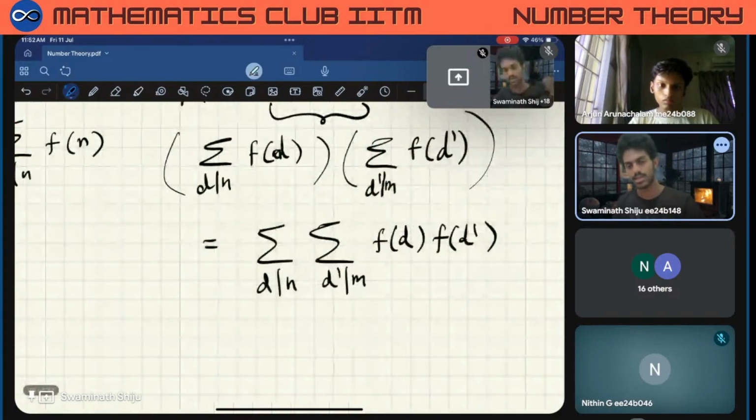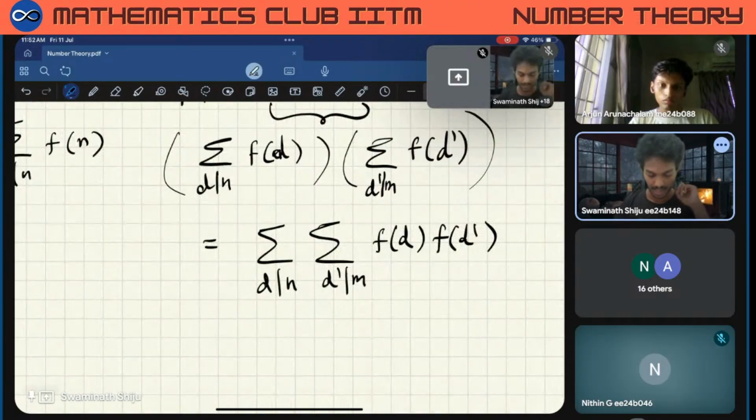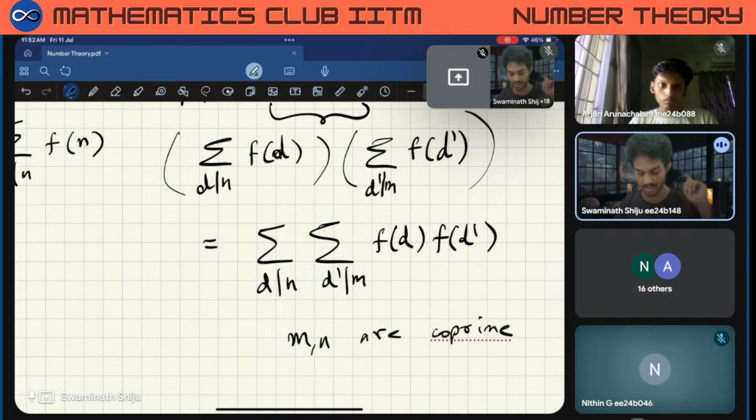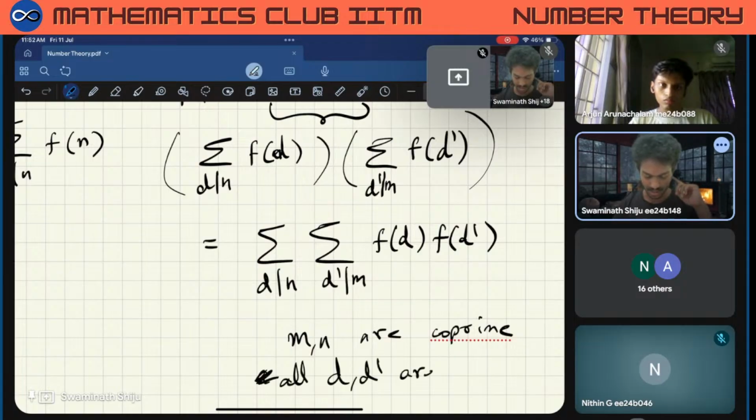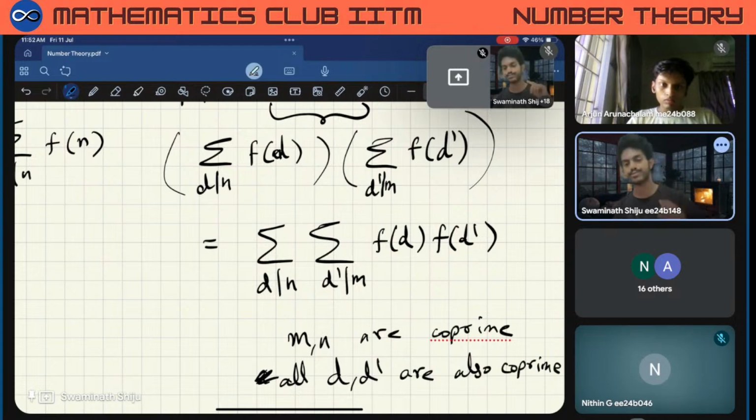Now think about this argument carefully. m, n are coprime. So I will tell you that for all choices, d and d dash are also coprime. Think about that argument once. Assume they weren't coprime.